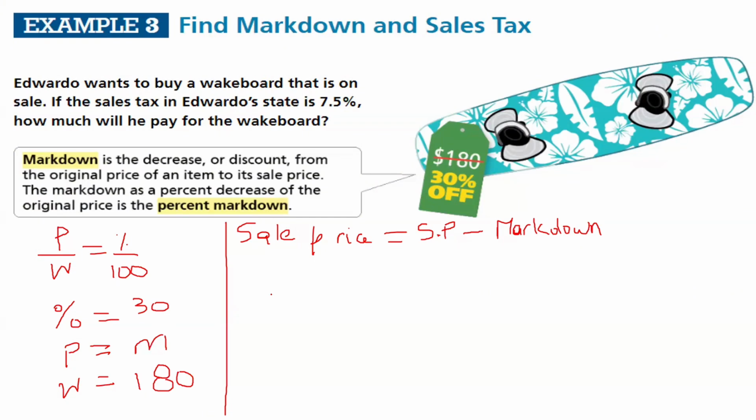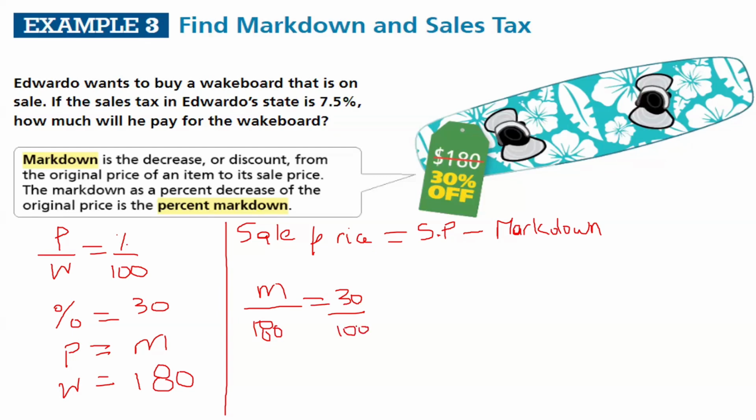Now that we have this, we are going to substitute it back into our proportion. For P, we're going to call it M, or we can call it part, but I prefer to use M since we're talking about markdown. For my whole, it's going to be 180, equals my percent, which is 30, and percent goes over 100 if you want to write it as a fraction.